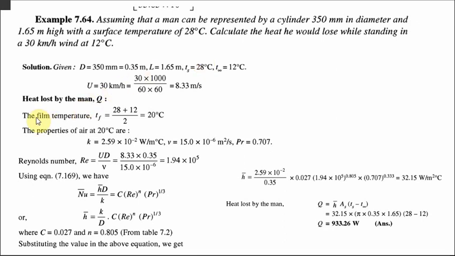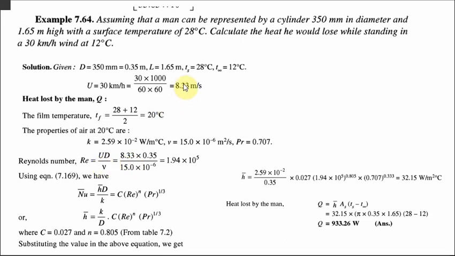The required fluid properties can be calculated using the film temperature, which is the average of the free stream temperature and the solid surface temperature. So it is 20 degrees Celsius. The required properties are k, nu and Prandtl number. Next we can calculate the Reynolds number, ud by nu.